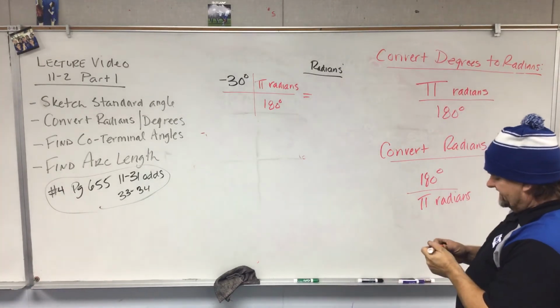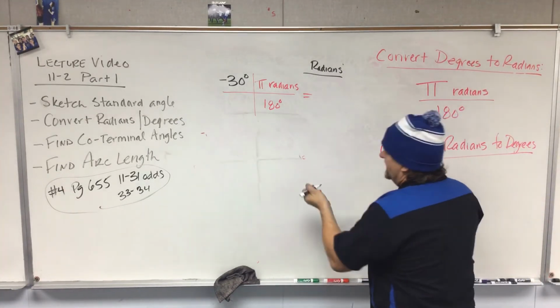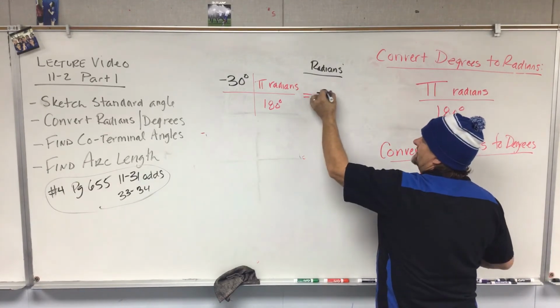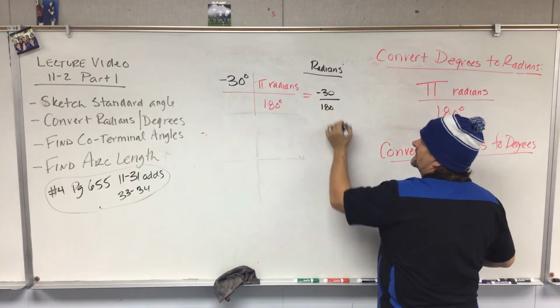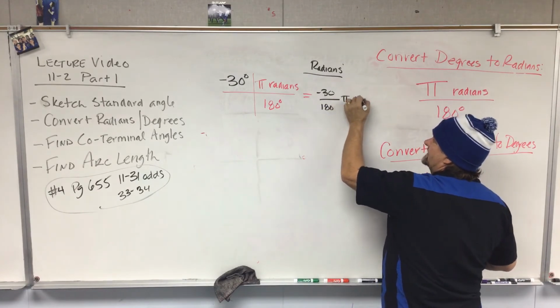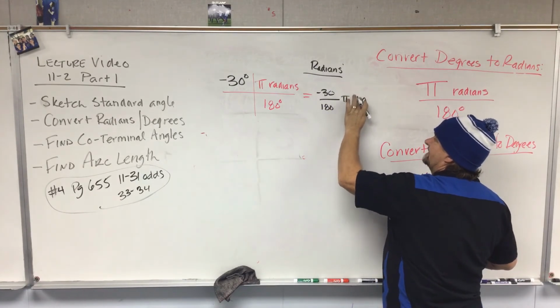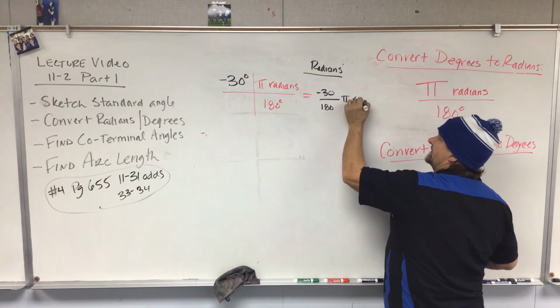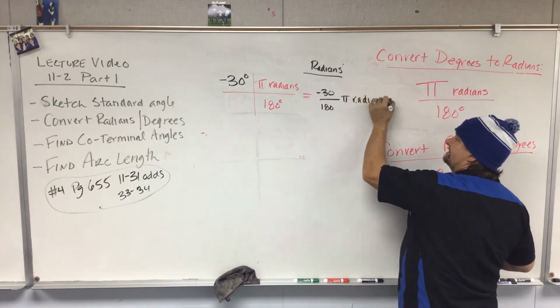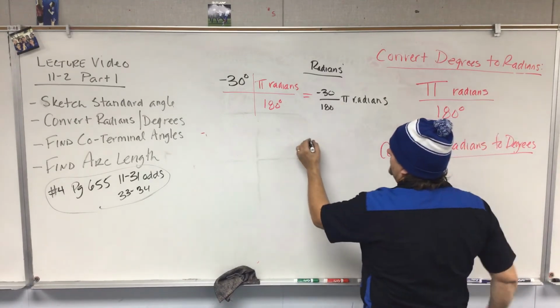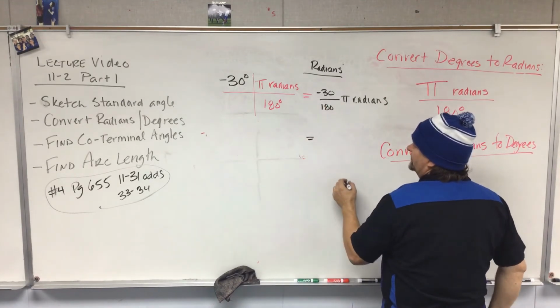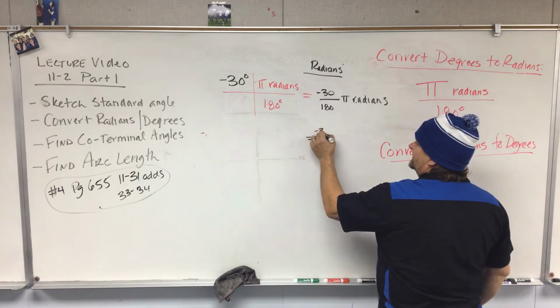So what happens is, I get a fraction. Negative 30 over 180 pi radians. I can't spell radians. This here converts down into negative 30.